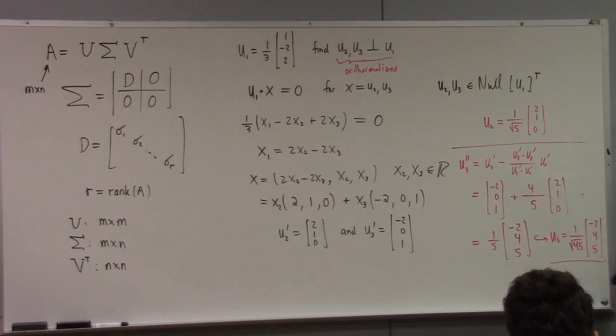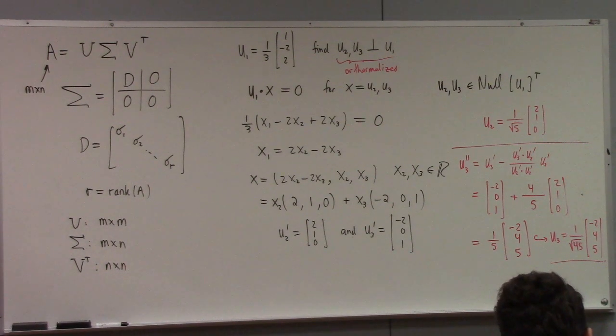So at long last, here is your singular value decomposition. A is equal to your U, which is 1/3, minus 2/3, 2/3. My u2 was 2 over square root of 5, 1 over the square root of 5, 0.